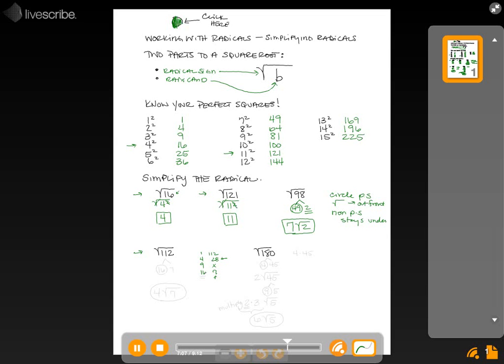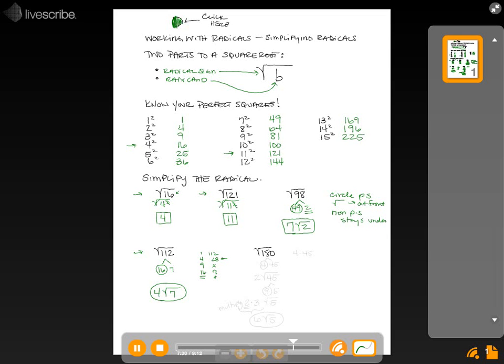It doesn't contain any perfect squares. So that tells me 16 is my biggest perfect square. So I can break it down, 16 and 7. Again, I'm going to circle that perfect square, circle 16. The square root of 16 is 4, so 4 goes out in front, and 7 stays underneath. And there would be the answer to the problem.